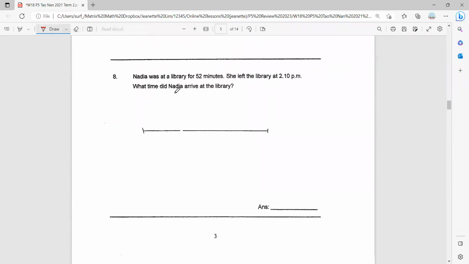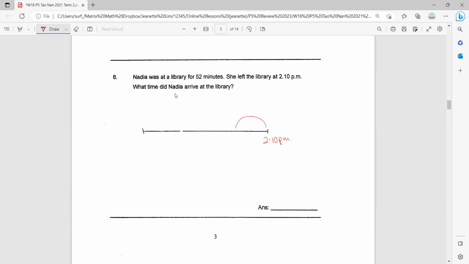Question 8. Nadia was at the library for 52 minutes. She left the library at 2:10 p.m. What time did she arrive at the library? Okay, so now they gave you the time that she left, right? You need to find the time that she reached the library. So this is the ending time, 2:10. You need to go back by 52 minutes.